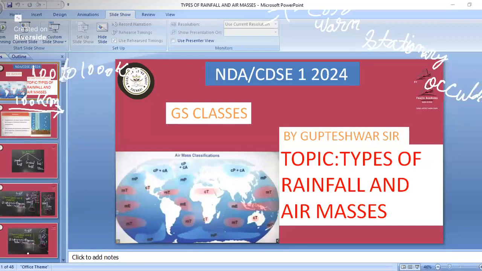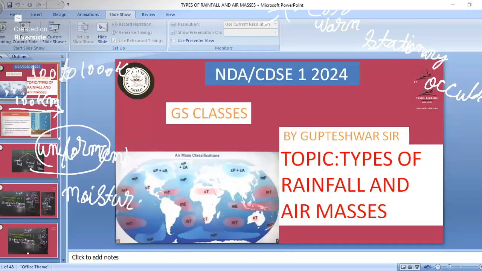Okay, so that is the air masses, and how that large body formation happens and how the air mass formation is happening. There are two conditions. One condition is that in the atmosphere we should have uniform temperature and also uniform moisture content.